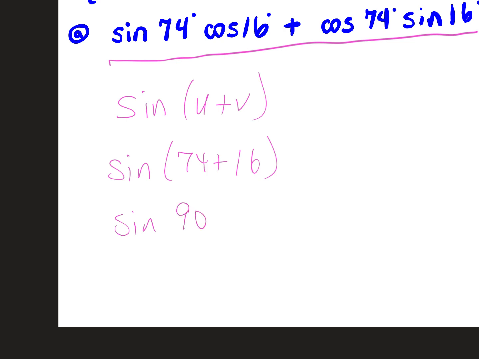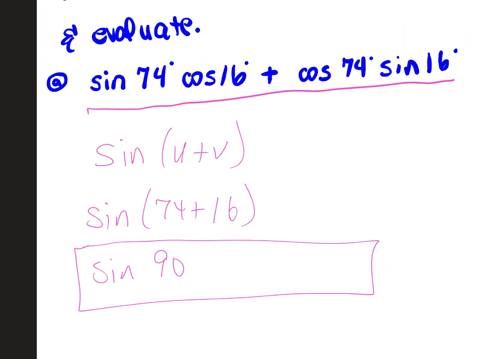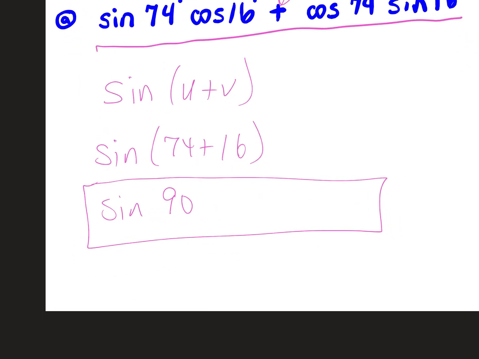90. What do you guys know about 90? Where is it? It's on the unit circle. When you have a problem like this and you smush back together, you'll always get something on the unit circle. So here's the first part of your answer. You wrote the original question here as a singular trig function. Perfect. Now you have to evaluate it. Okay, well, guys, what's the ordered pair at 90? 0, comma 1.